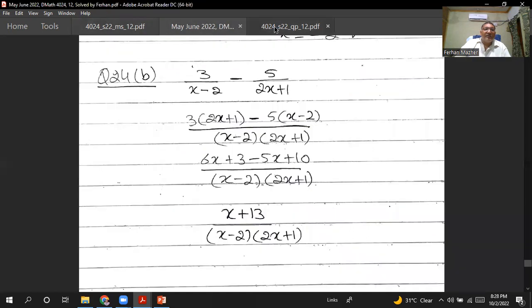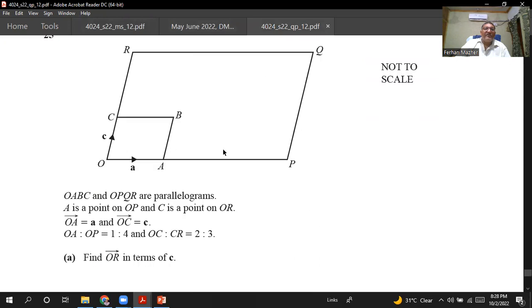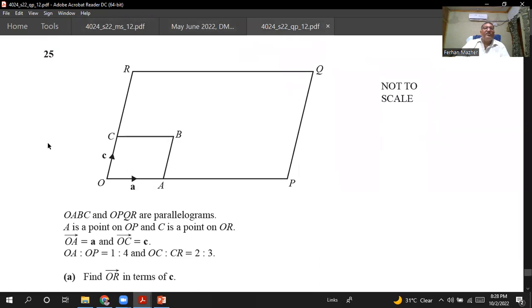Okay, so we are going to the next question, question number 25. OABC and OPQR are parallelograms. A is a point on OP and C is a point on OR. OA is represented with the vector a, and OC is represented with the vector c.